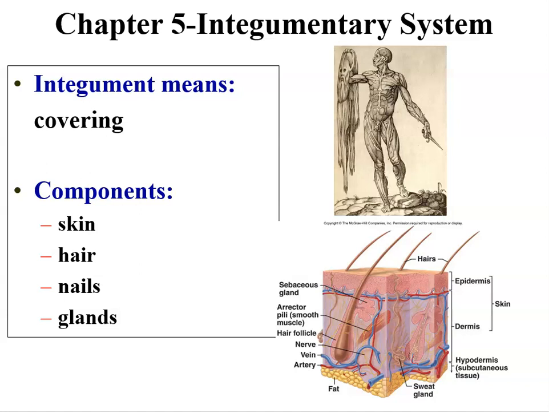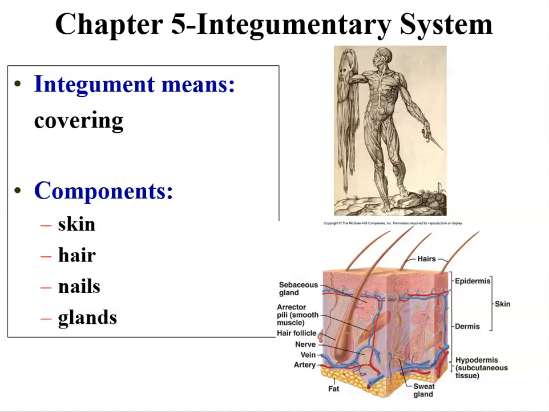So anything from moisturizing to taking a shower to our haircuts and dyeing our hair, doing our nails, tattoos and piercings. These are all ways that we can use the integumentary system to communicate to others what kind of people we're like. So again, we're pretty familiar with its components.